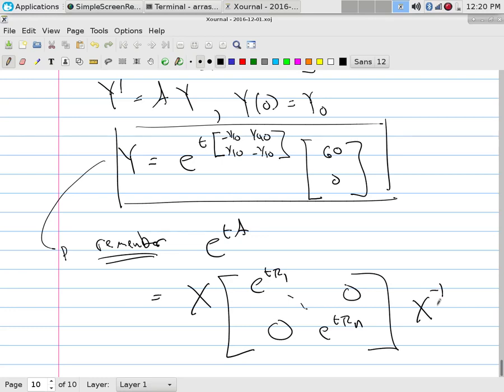So if you wanted to make it look exactly like the other one, you would find the eigenvalues, you would find the eigenvectors, you would put the eigenvectors in x and in x inverse, you would put e to the t lambda 1, e to the t lambda 2, e to the t lambda n on the diagonal, you have these three matrices, and on the right-hand side is 60, 0. Multiply it all together, and you would get exactly the solution from the previous section.